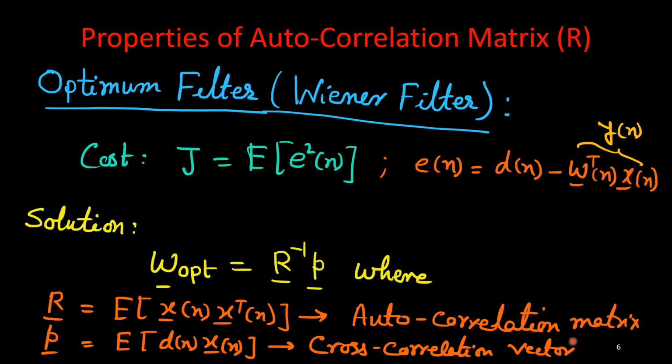In this lecture we are interested in exploring the properties of this autocorrelation matrix R in detail. P is the cross correlation vector, the correlation between Dn, the desired sequence, and the Xn regressor vector. That expected value is your P vector. If you multiply R inverse and P, we will get the optimum Wiener filter coefficients.